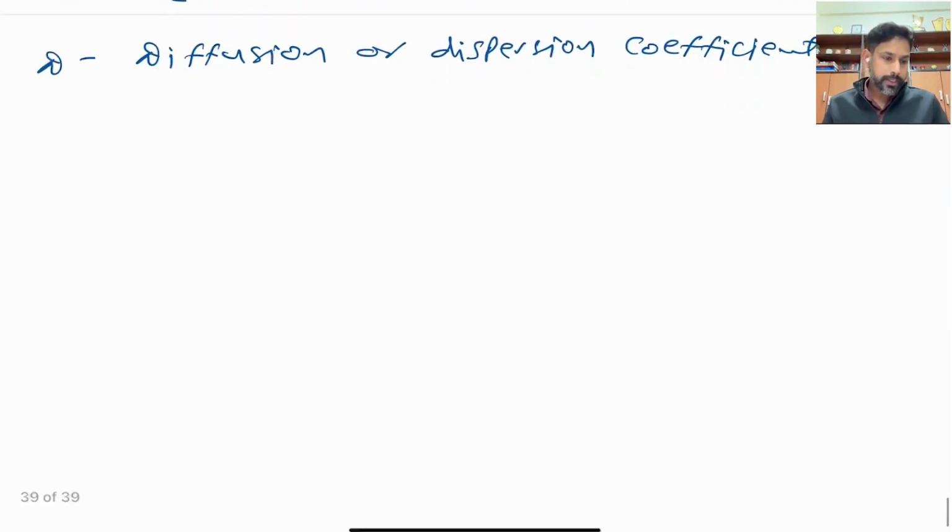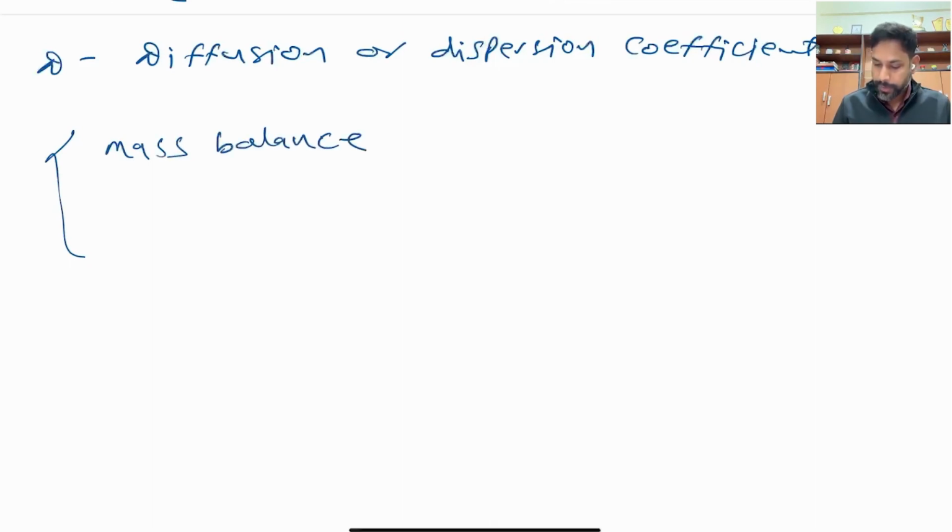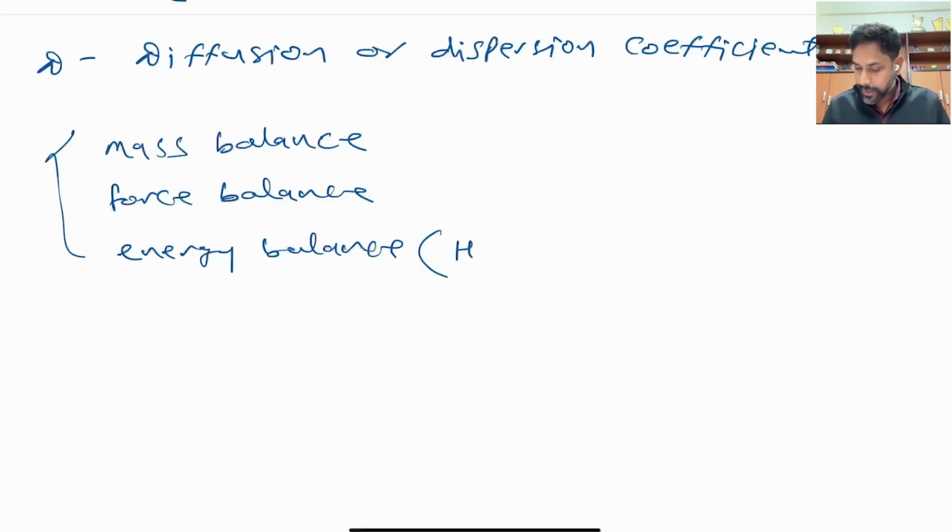Okay, now moving to the next equation, and that is the Bernoulli equation. So far we have done mass balance, force balance, energy balance, where in energy we did either heat or solute mass, right?